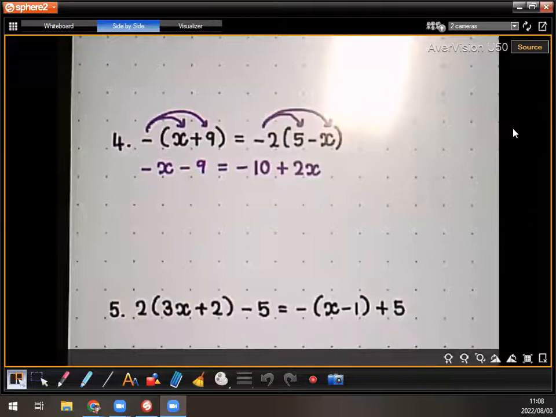And now please do the rest of this question on your own. It's just like the ones that we marked up for homework. You're going to move the number, we'll do the opposite of the number, and then do the opposite of the 2x, and then get your answer. You can do 5 as well if you've done this one before.